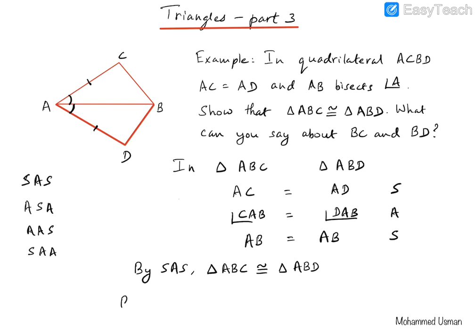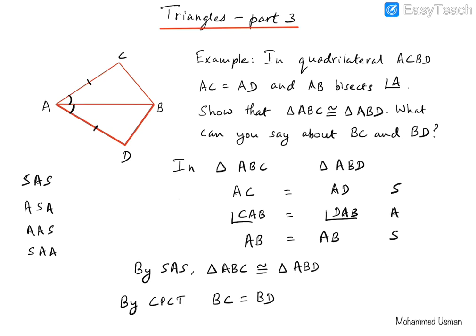So by CPCT, we can say that the side BC is equal to the side BD, because they are the corresponding parts of the two congruent triangles. So by CPCT, BC is equal to BD.